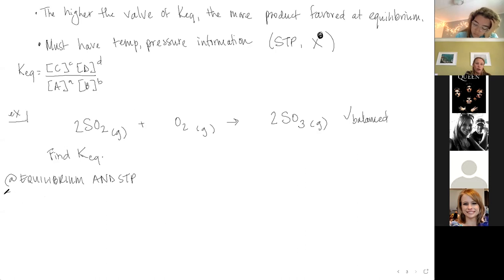We're given the following information. Sulfur dioxide, we have at a concentration of 0.9 molar. Oxygen, we have at a concentration of 0.35 molar. And sulfur trioxide, we have at 1.1 molar.